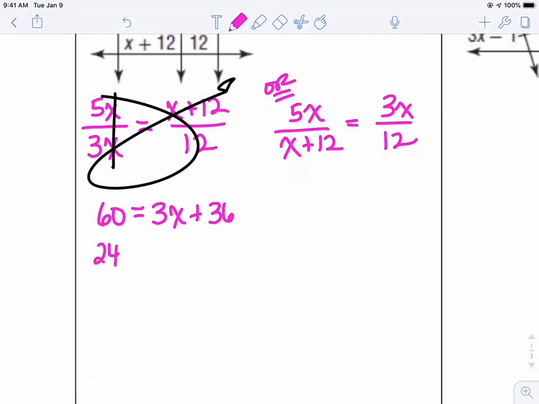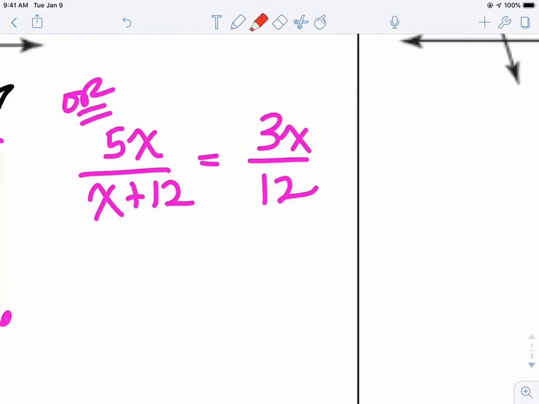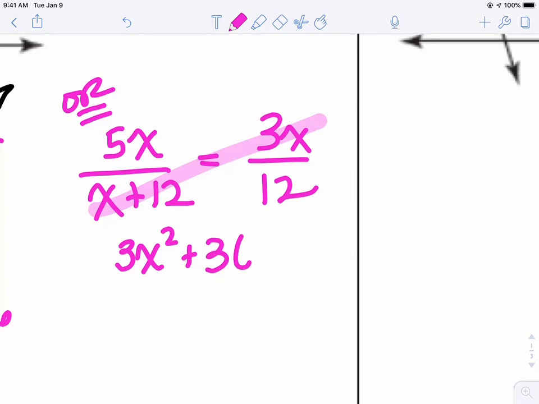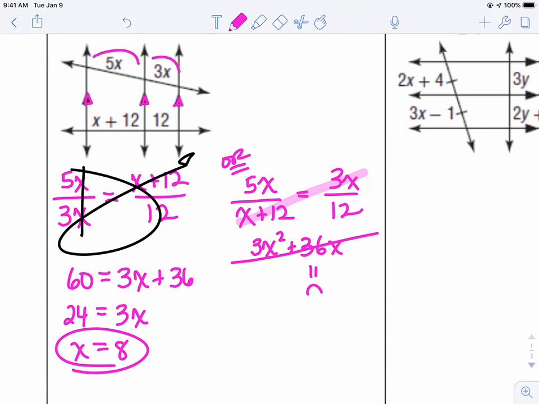So 24 equals 3x, and x equals 8. On the other one, if you cross multiply, notice that right here, when you go x plus 12 times 3x, you're going to get 3x squared plus 36x. It's a lot easier to compare them as this one to this one.